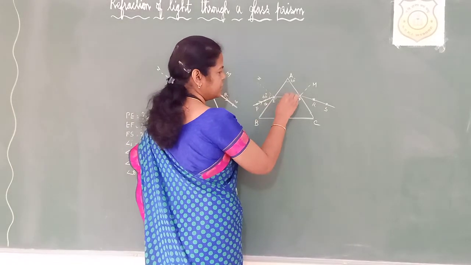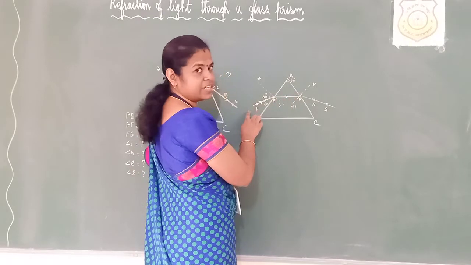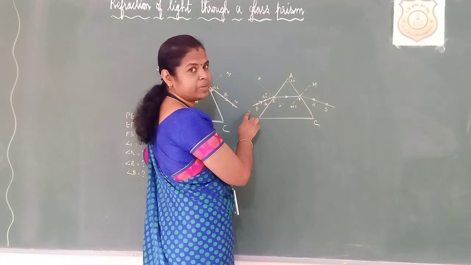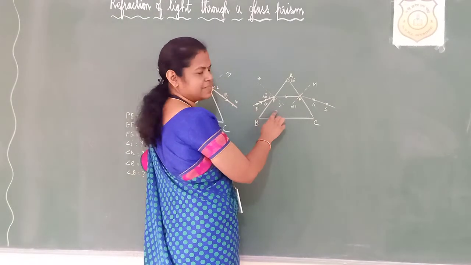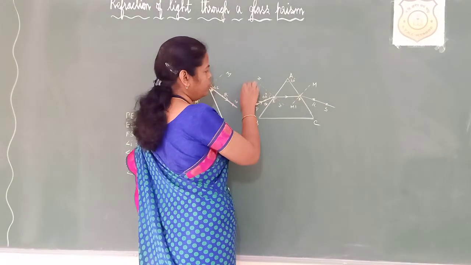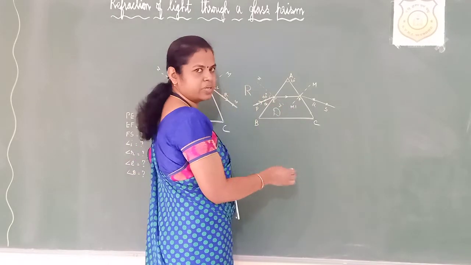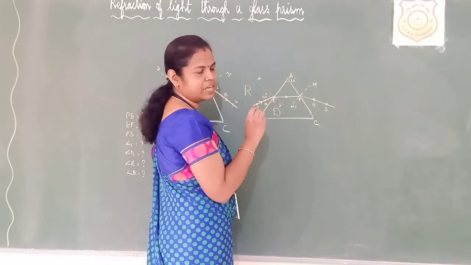We have studied about denser medium and rarer medium. This is air and this is glass. So this is rarer medium and this is denser medium, because this is air and this is glass.